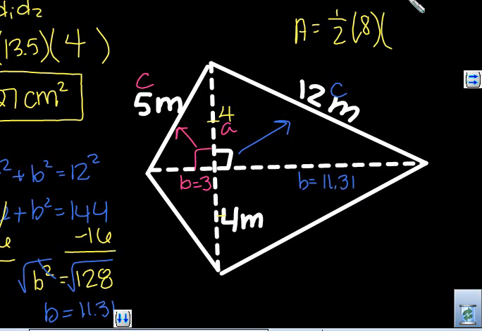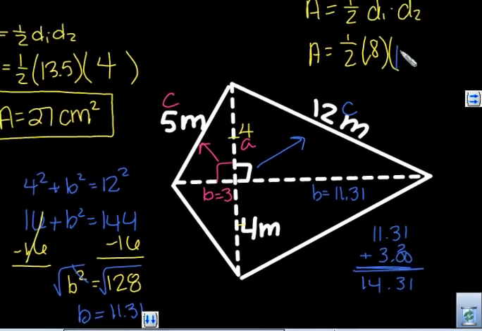Now we need the entire diagonal. So we have 3 and 11.31. So if you add those together, you will get your full diagonal, 14.31. Okay, that plugs in here.